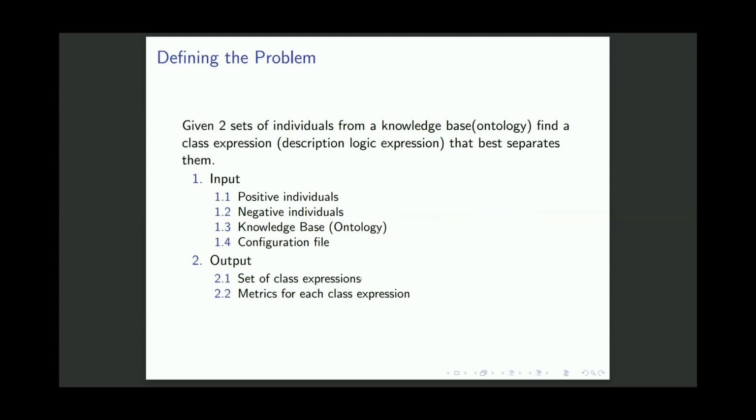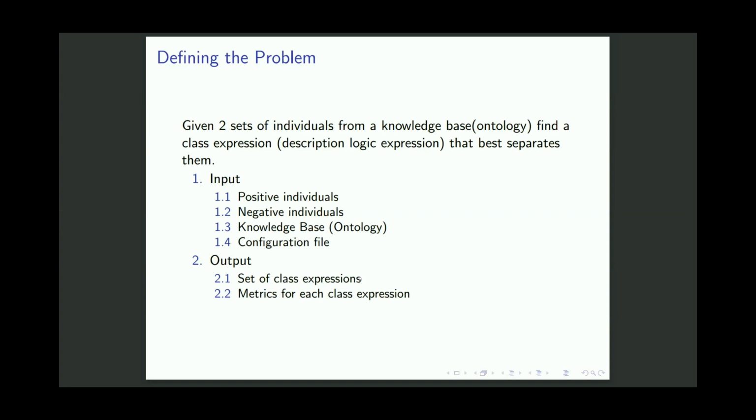The actual problem would be defined like this. We get a knowledge base, an ontology, and two sets of individuals, and we want to find a class expression or a description logic expression that best separates them.